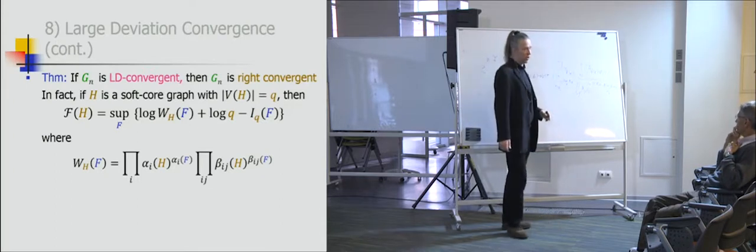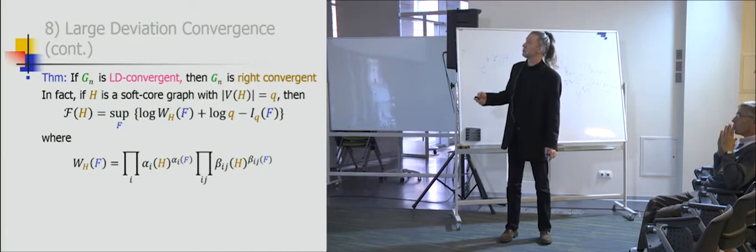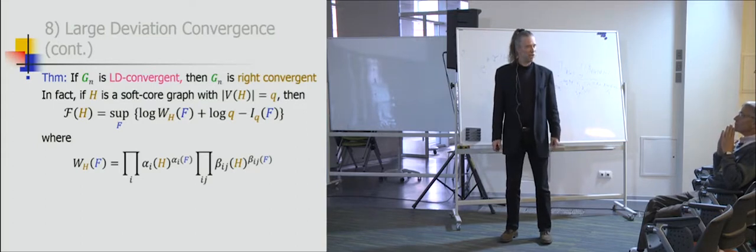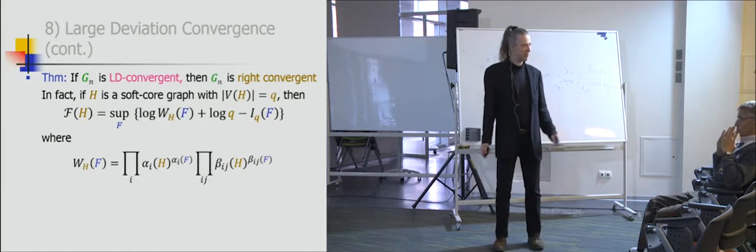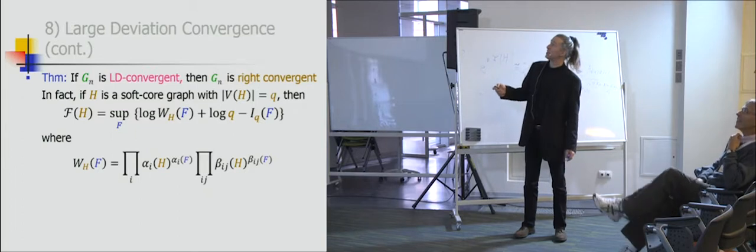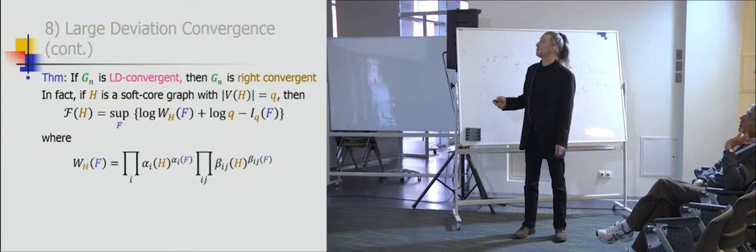So if you take a log and divide by n, that creates a supremum. This is a very rough indication of the proof for people who have done something like that before, and for everybody else, probably not useful. Anyhow, if you have large deviation convergence, you can calculate these free energies from this rate function.